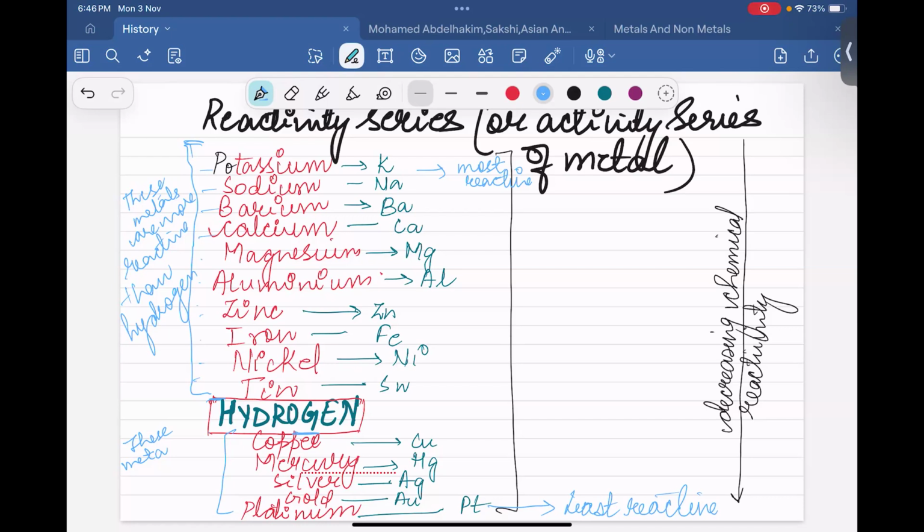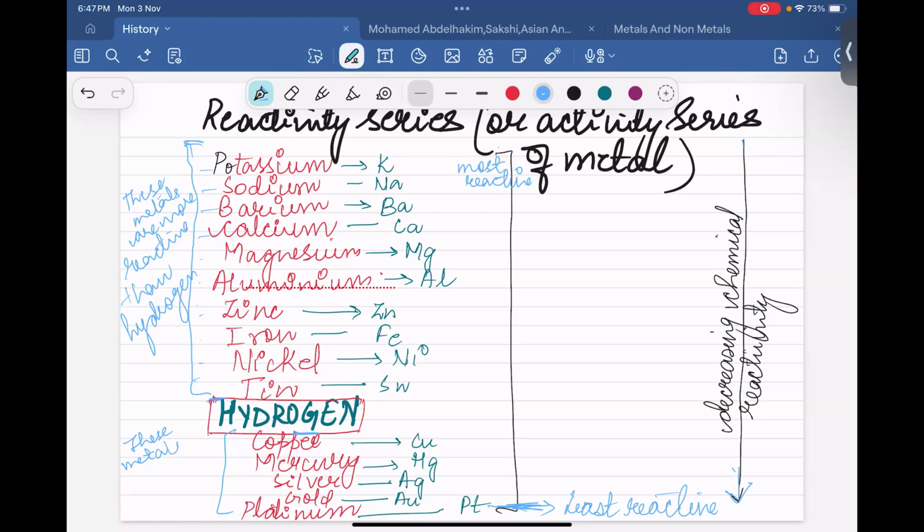So this is the table known as the reactivity series of the metals. It is an arrangement of metals depending on the reactivity. From top to bottom reactivity decreases, so this is the least reactive and potassium is the most reactive. Understood?